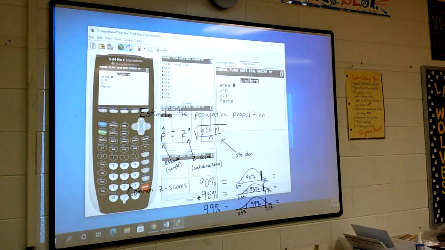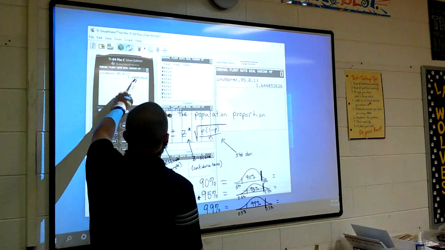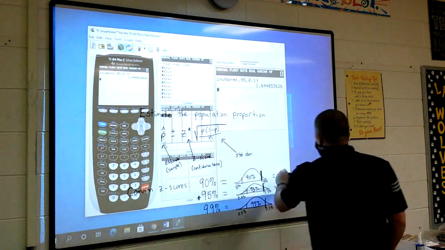So to find the 90% z-score, you actually put in 0.95. A lot of people think, well, that would be the 95% z-score. No, it's the area to the left of that last line. It'll be 1.645, which is what we use for the 90% z-score.